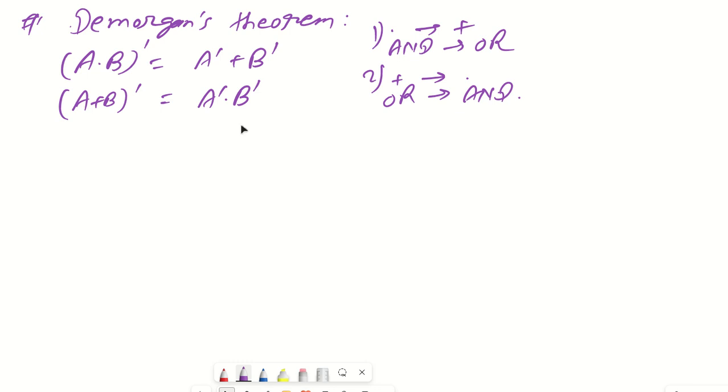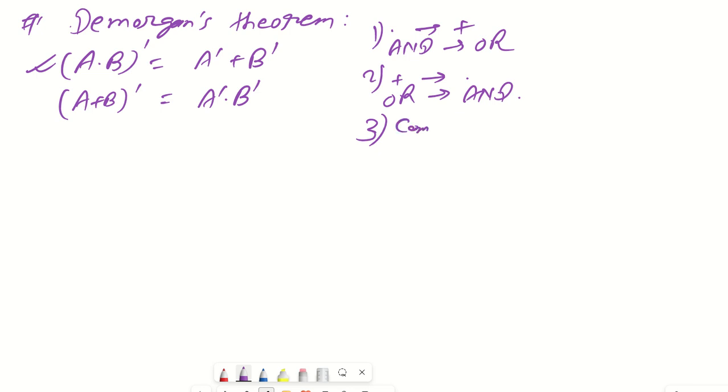Now what is the other thing? We have to complement each of the variables while removing the complement. So what happens? Let us say third one, what you have to do in De Morgan's theorem, complement each variable. See, this is the formula, a dot b whole prime is equal to a prime plus b prime. So how will you get it?